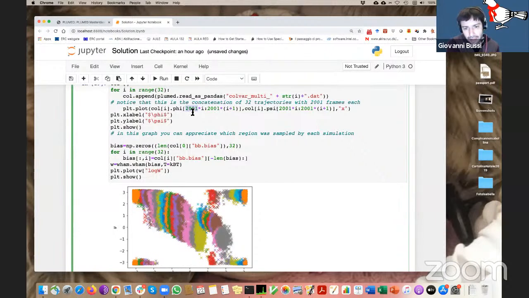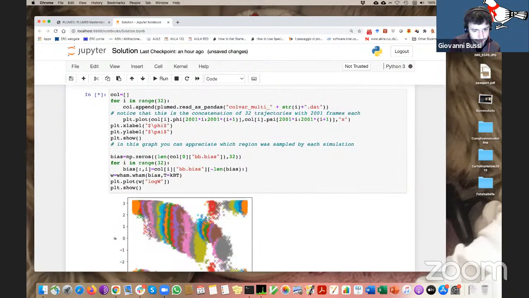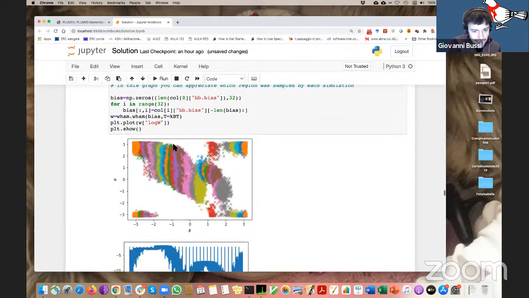This is just, again, a kind of double check to know that my trajectory was concatenated correctly. Okay, so this graph is showing with a different color what each of my simulations is doing. So you see that some simulations are exploring this region, some others are forced to be on the barrier here. And then you have some simulation that is able to explore a second metastable state here.